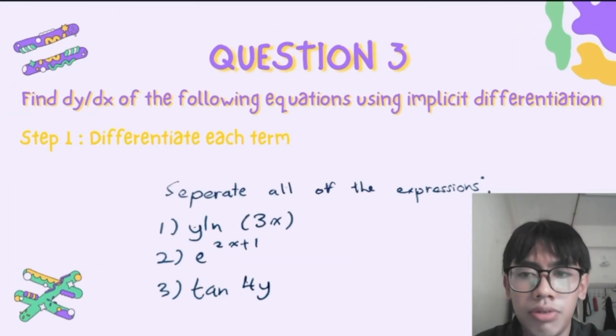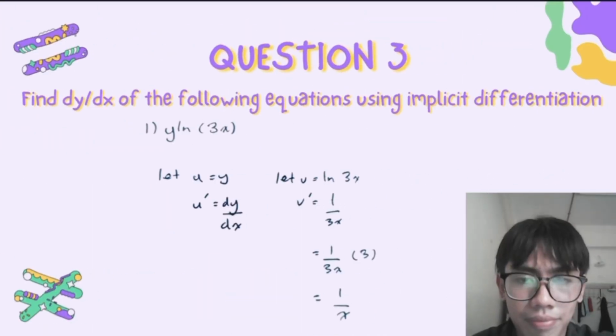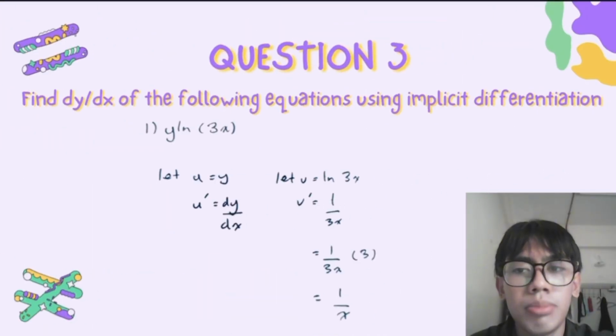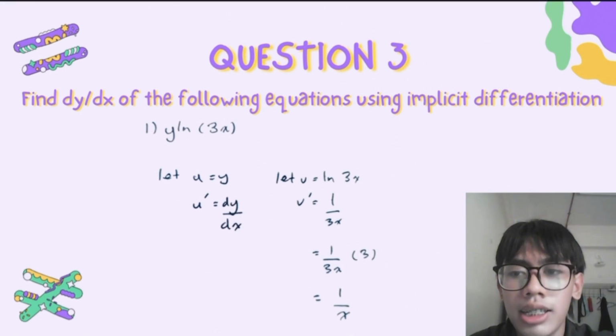Before we jump into the math, the first step is to separately differentiate each term with respect to x. Let's break it down term by term. First, let's handle the trickiest piece, which is y ln(3x). We set u equals y and v equals ln(3x).